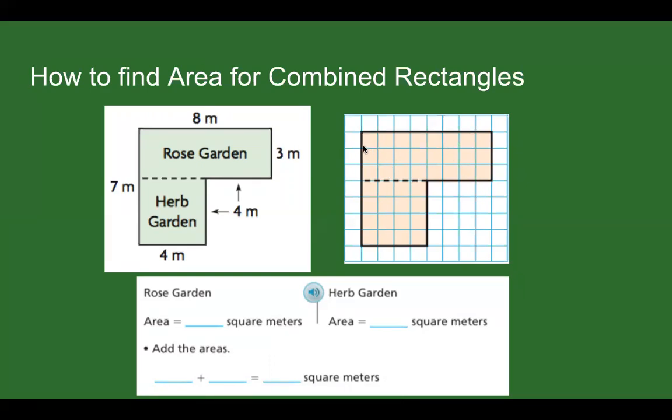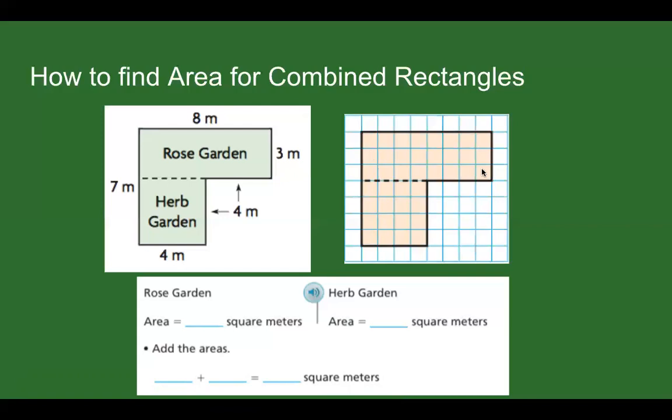For example, for the rose garden, I could count up all these little squares, and that's the total area. You can count the tiny squares and call it square units. In this case it's measured in meters, so square meters. That's one way we could find the area, by counting.